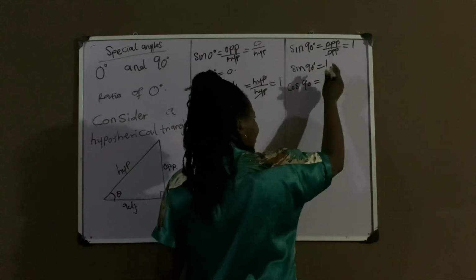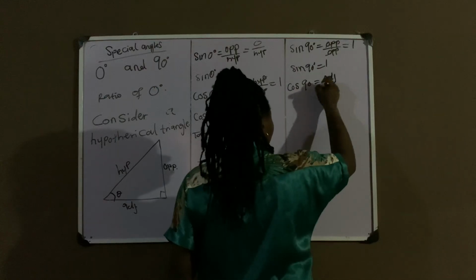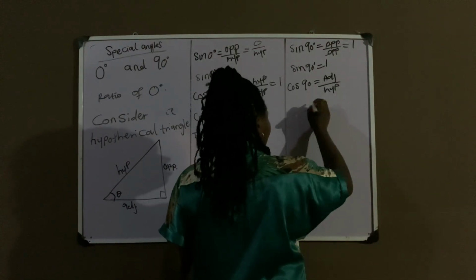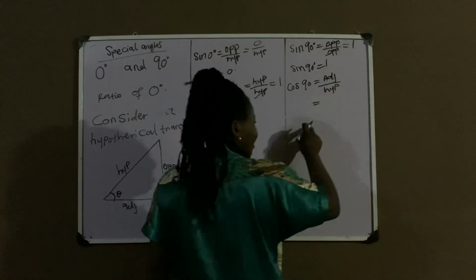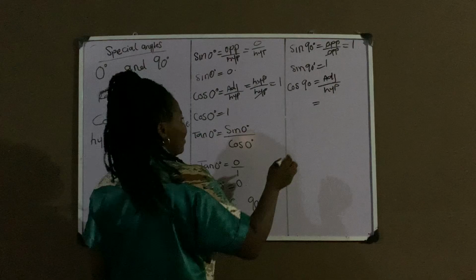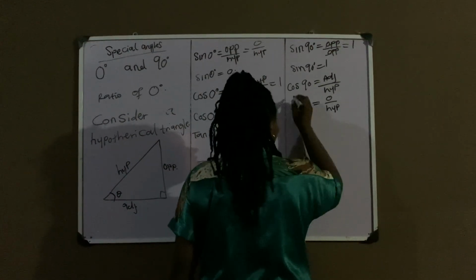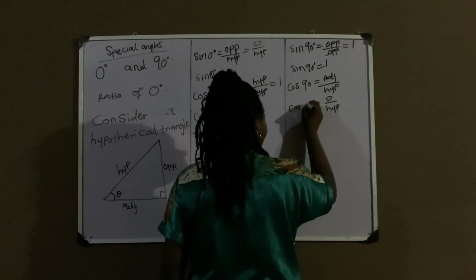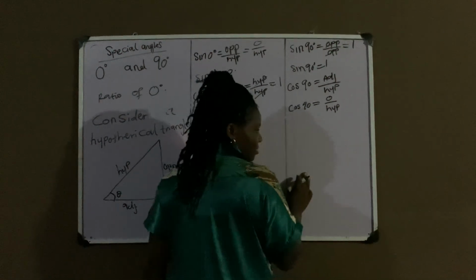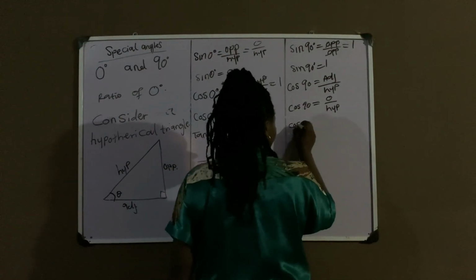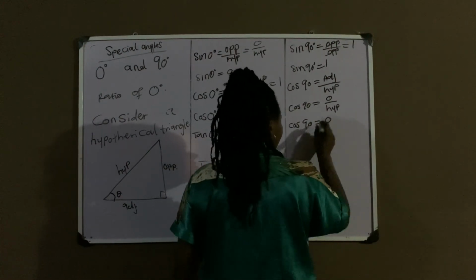Cos 90 is adjacent over hypotenuse. Now, remember, adjacent is 0 because it's gone. So adjacent is 0 over hypotenuse. Of course, 0 over anything is equal to 0. So cos 90 is giving us 0.